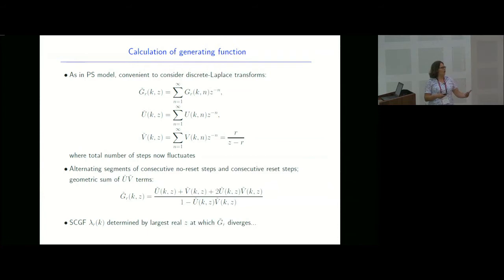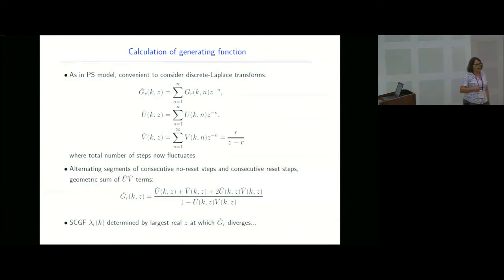And this one's so easy you can write it down explicitly already. And this is like a grand canonical picture where the total number of steps fluctuates, so at the end you would have to tune your Z to match the mean length of the trajectory you're interested in. And because you've then removed the constraint on having the number of steps adding up to a fixed trajectory length, it's then very easy to work out what the generating function looks like, because it's made up of all possible alternating sequences of the u's and v's.